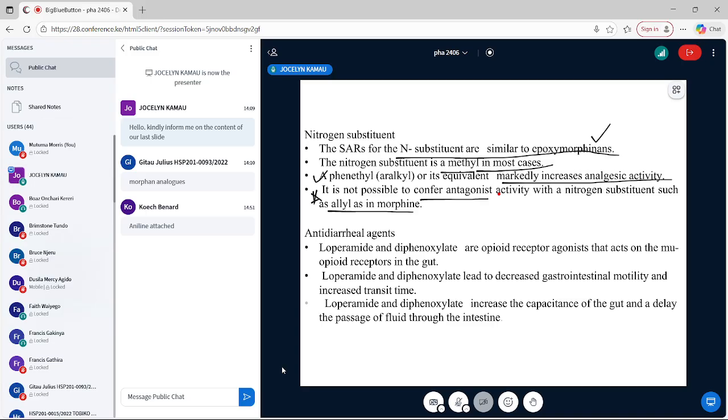Now, when it comes to the 4-phenylpiperidines, it was found that even if you put a group like the cyclopropyl group, it did not introduce antagonist activity. And no wonder, when we look at those compounds, we didn't see any compound with an allyl group.